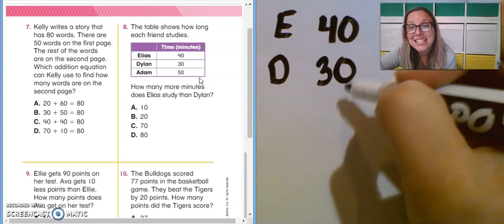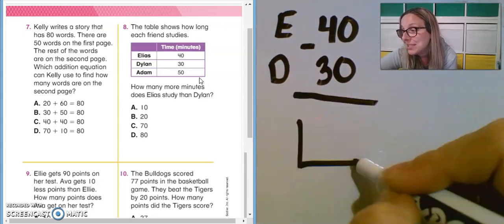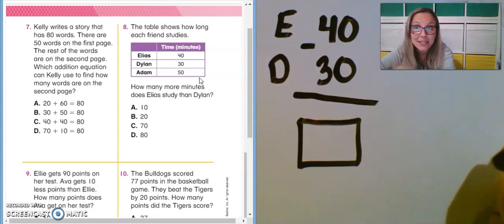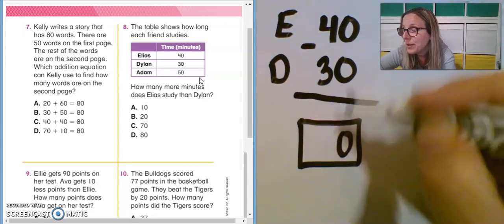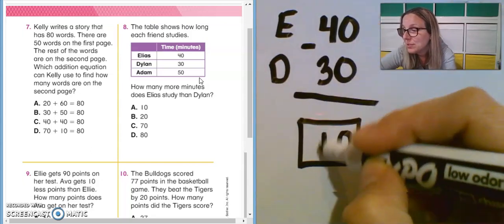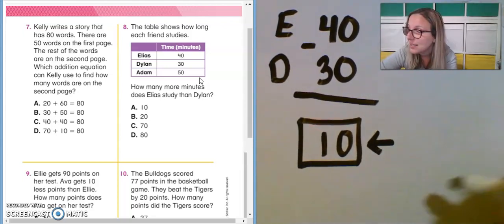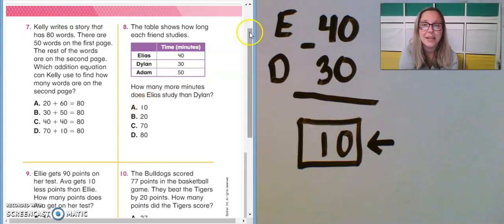And we need to find the difference between 40 and 30, and that will tell us how many more minutes Eli studied. So 0 minus 0 equals 0. 4 minus 3 equals 1. So how many more minutes did Eli study than Dylan? 10 minutes. So you can circle A, 10 minutes.